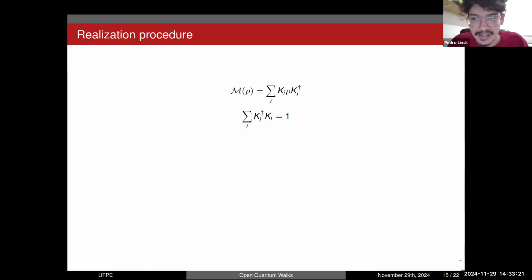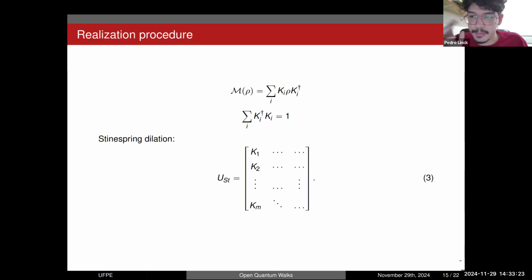So what is the Stinespring dilation procedure? Basically, you construct a big unitary where the first block column is the block column formed by the Kraus operators. So you go to a very large Hilbert space. For example, if your dimension is 4 and you have 4 Kraus operators, you now go to dimension 16.